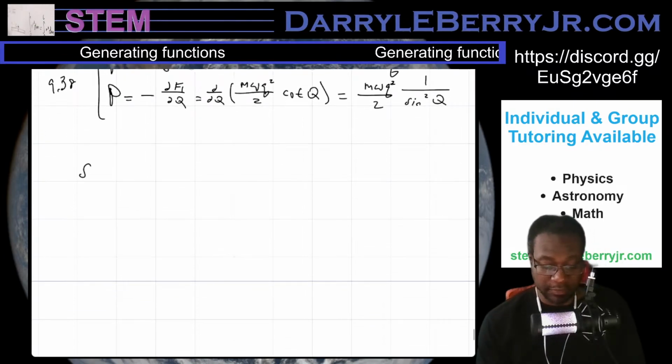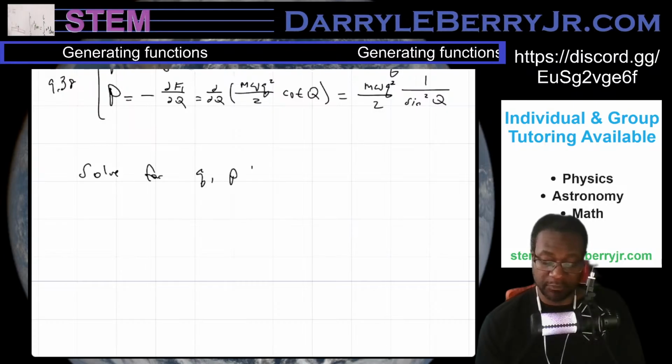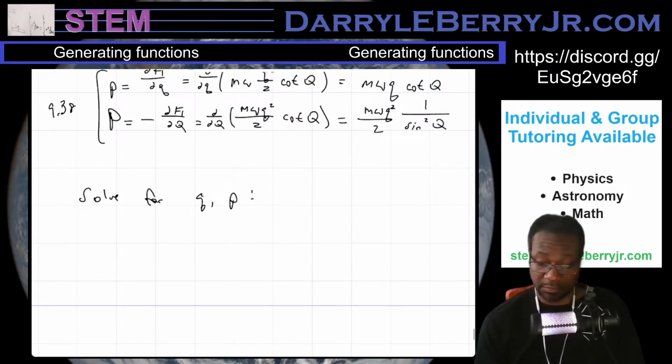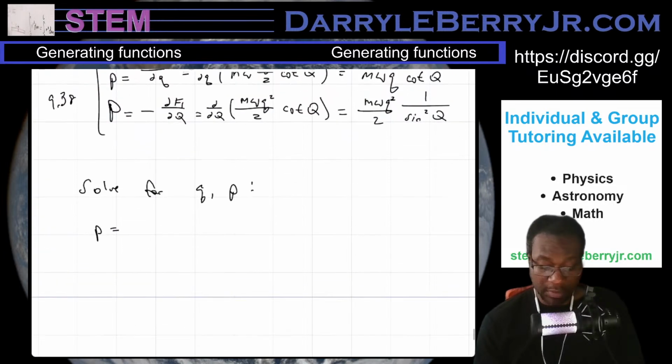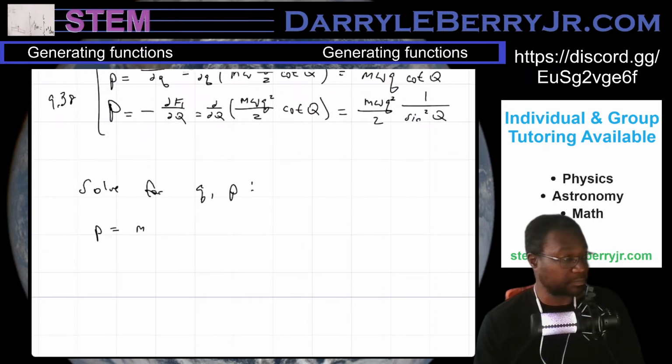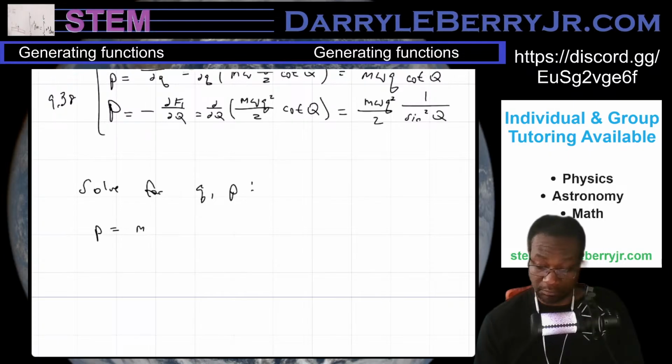Right? So solve for Q and P, for little q and little p.